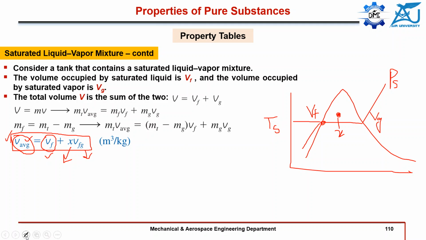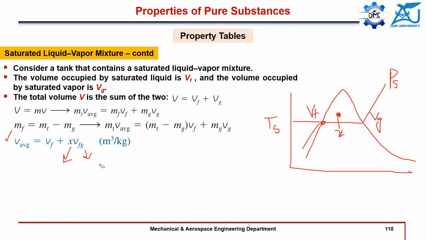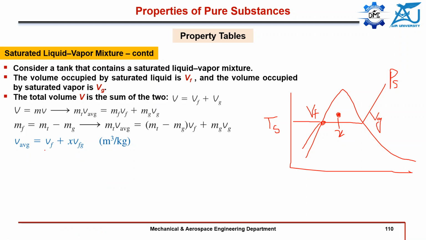So according to this equation, for a given temperature or pressure, the vf will remain the same. This vfg will also remain the same, however this x will change as the phase changes.